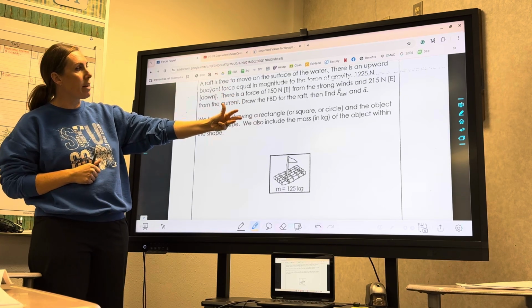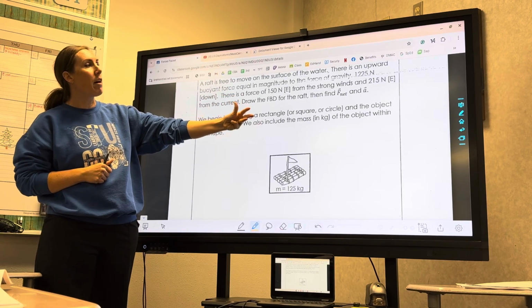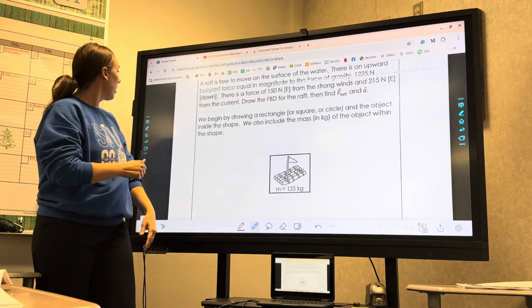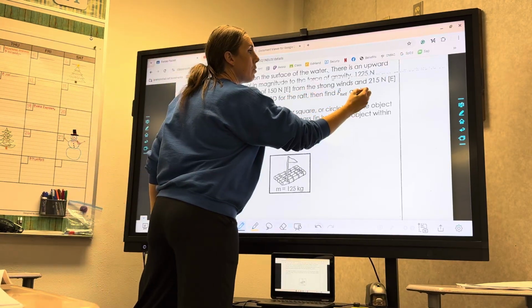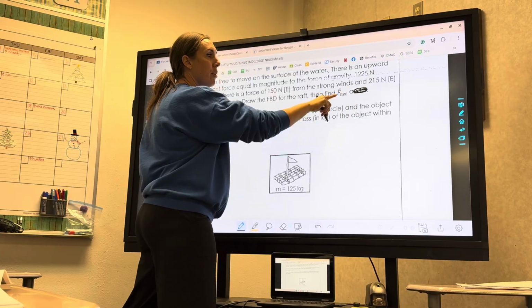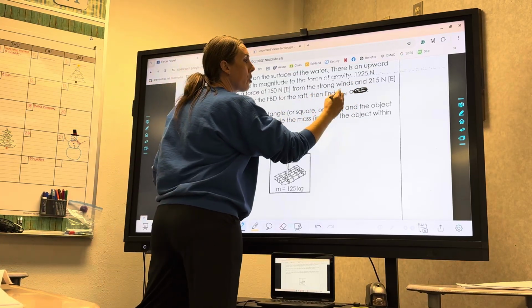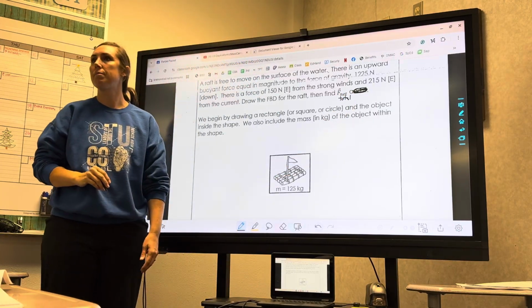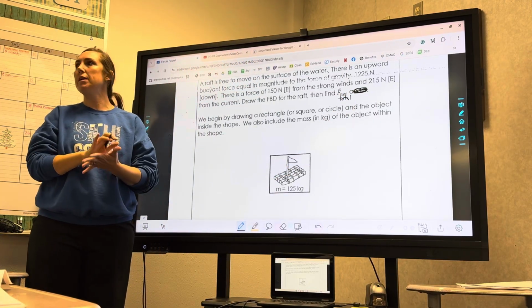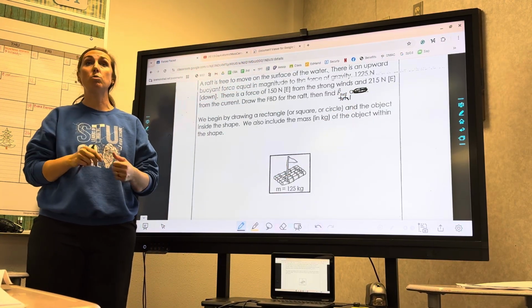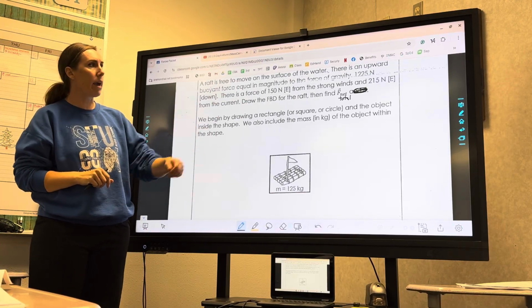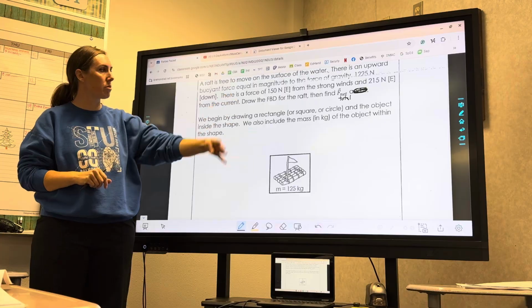Draw the free body diagram for the raft, then find the net force, so the net forces, okay? Cross off the acceleration, we're not going to do that. And under the word net, I want you to write total. So all the word net means is total, just like in math class, we're looking at the sum or the total of everything. Okay, there were 4 forces they told us.